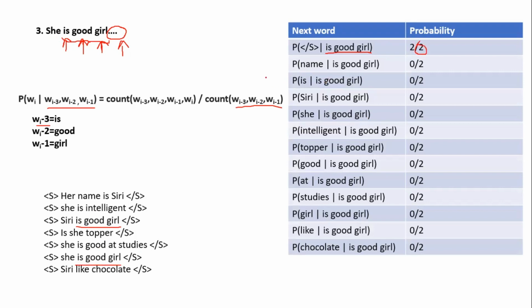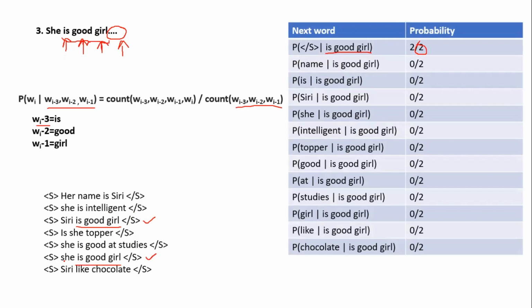Next, the next word after "is good girl". So "is good girl" followed by "end". So it occurred once, and here it is 2.